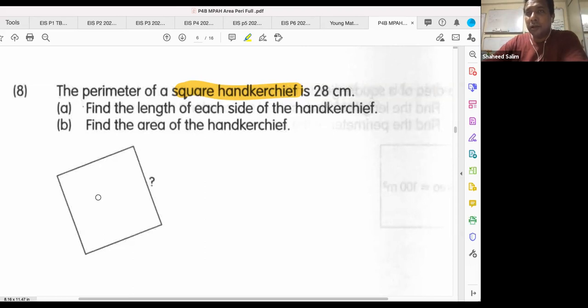Official means minta izin. Boleh saya makan ini? You're asking for permission. But bisa means, yeah, I can do that, no problem. I can do this. Yeah, sure. That's bisa. But we are not learning Bahasa Indonesia. Now we are learning about sapu tangan here, handkerchief.